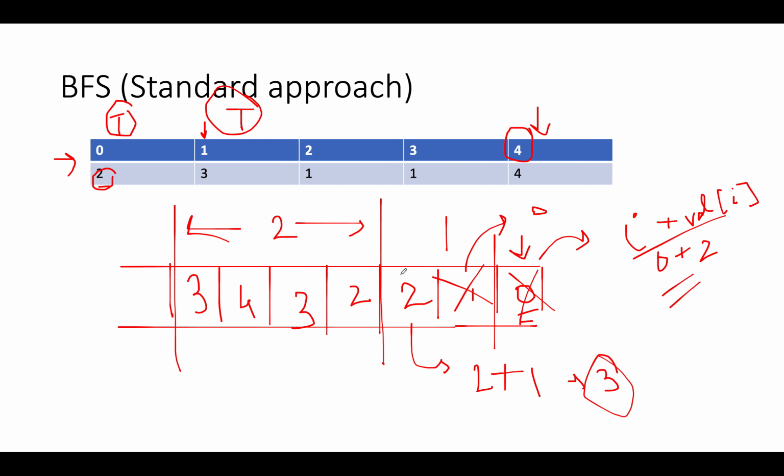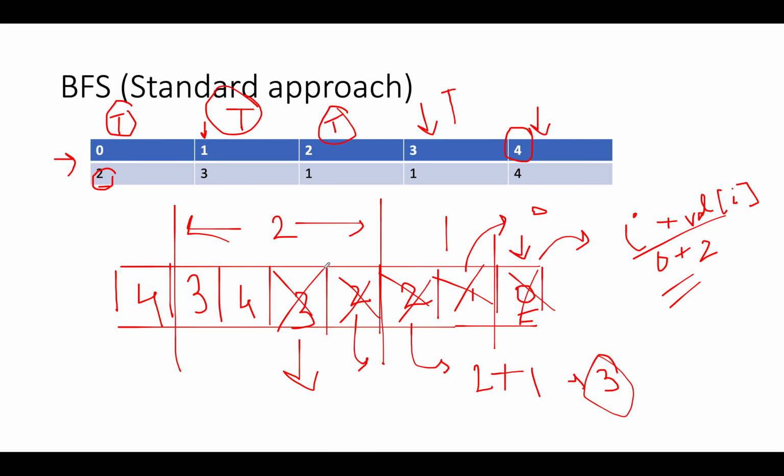After this, we'll mark this node as visited and remove the key from the queue. Let's continue the process and pull out elements from the queue. We got 2. 2 has already been visited, so we'll ignore it. Let's move to the next iteration. We got 3, and at 3 we'll check the same rule. 3 plus 1 is 4, so we'll add 4 back in the queue and mark it as visited.